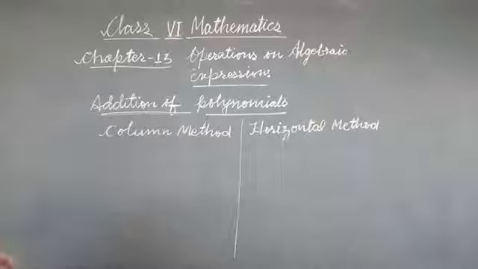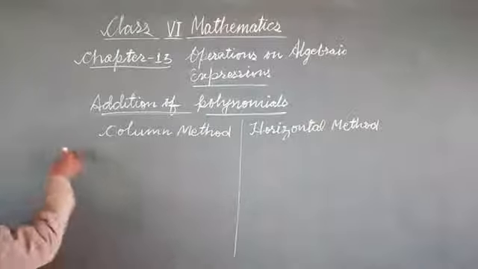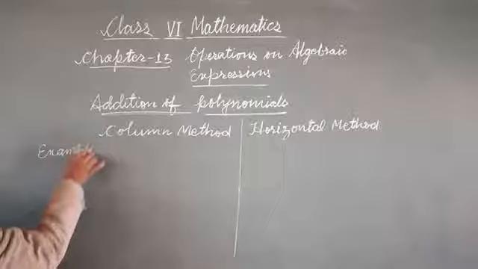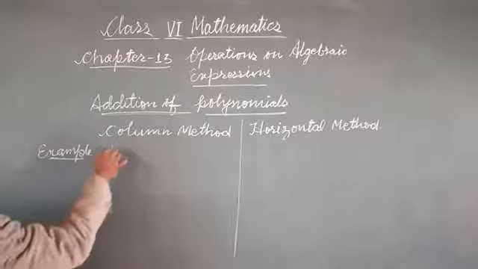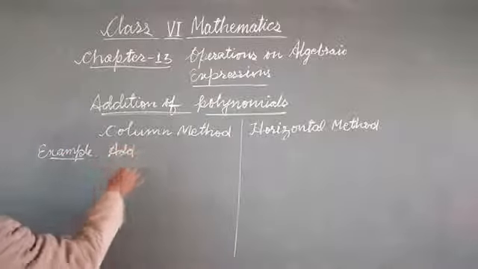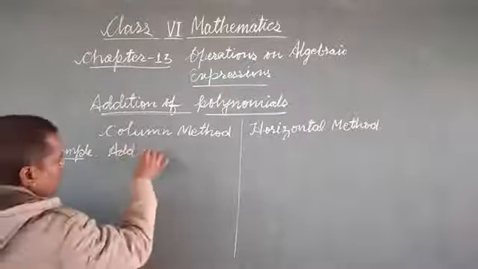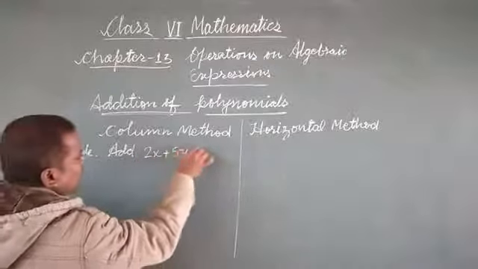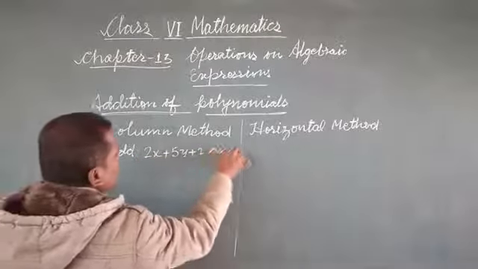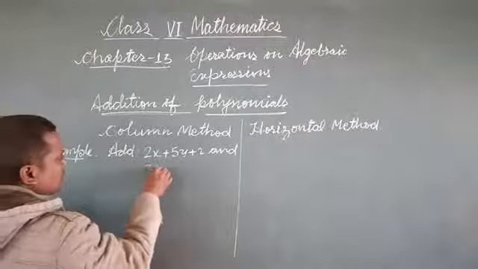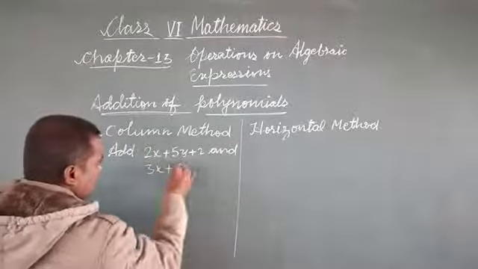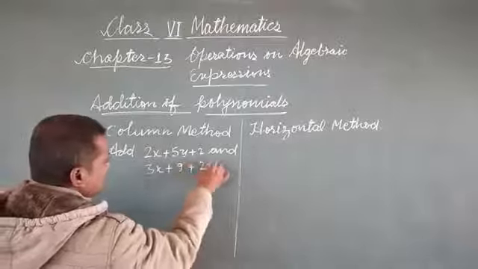Okay. Now you see example I am taking. Example, add 2x plus 5y plus 2 and 3x plus 9 plus 2y.